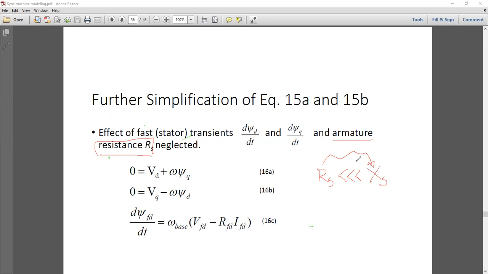Can you say why? Let's say you are designing the generator coils, the 3-phase coils. In the coil, let's say this is phase A, RA, LA. And similarly, there are the other 2 phases.